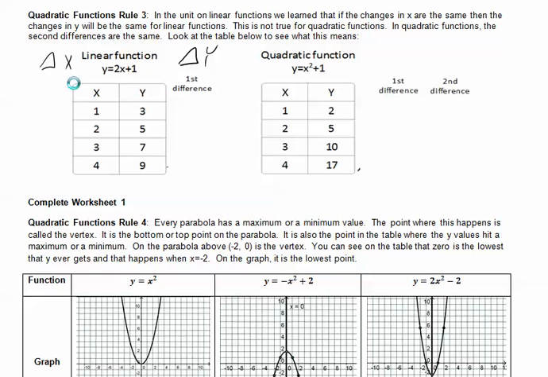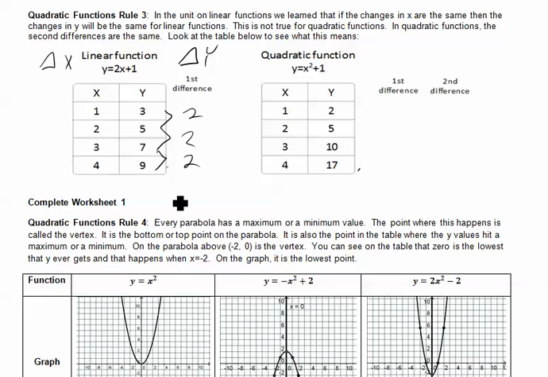But if you remember, right at the beginning of linear functions, we talked about if delta x is the same, if x is going up the same every single time, then if it's a line, y is going to be going up the same every single time. So this is going up by 2, this is going up by 2, this is going up by 2. So these form a line.